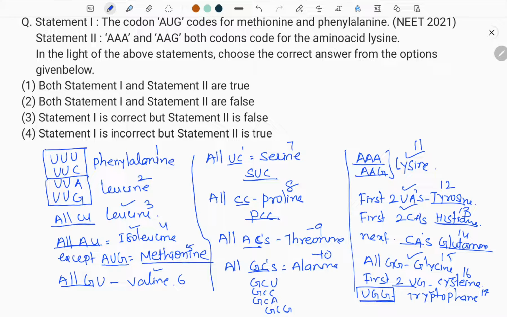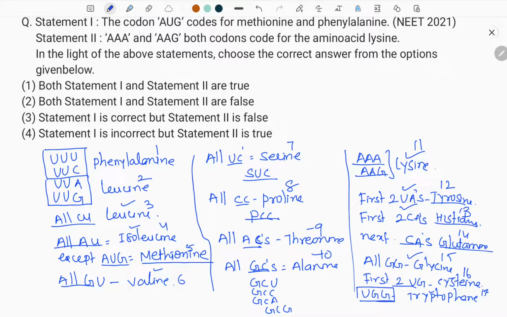So all AU's except methionine. Anyhow, we remember methionine because it is the first amino acid, and cysteine and methionine are both sulfur containing amino acids. It is a really big challenging task for every student to remember all the codons, but minimum you have to remember these 17 points. In a nutshell, you can remember the total.